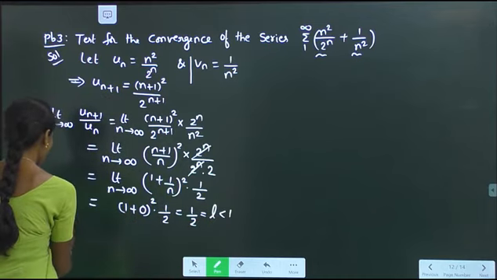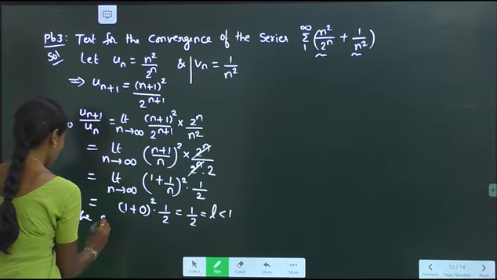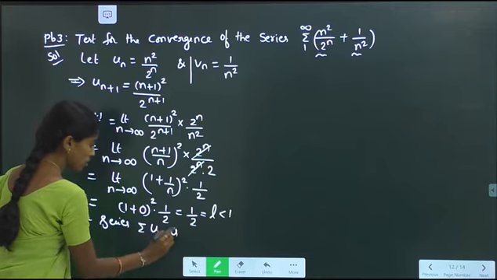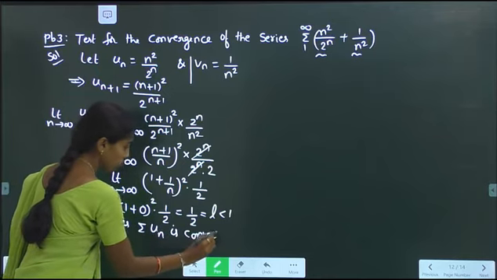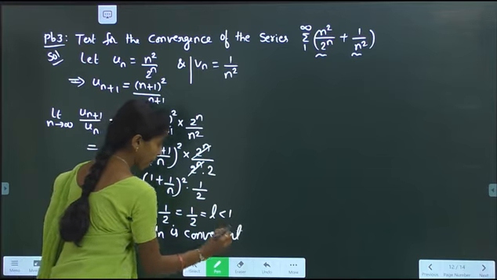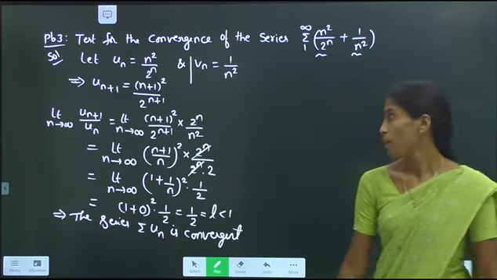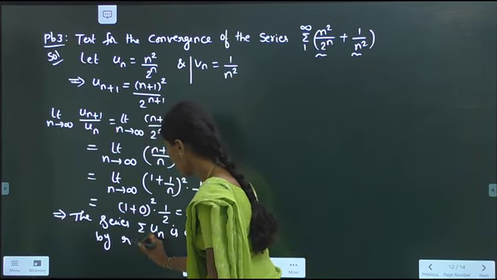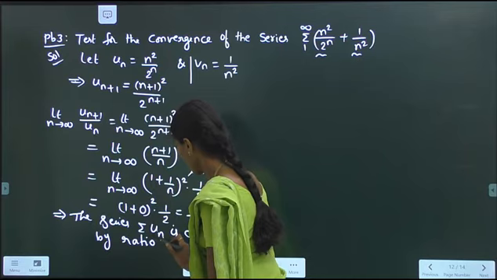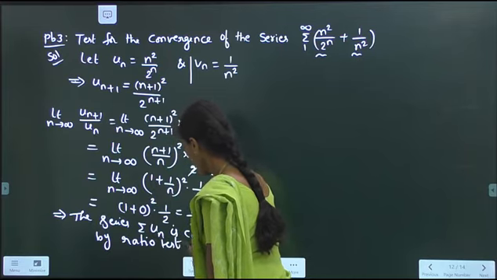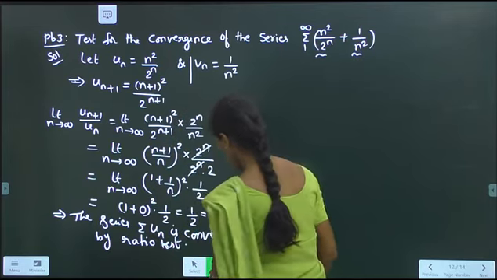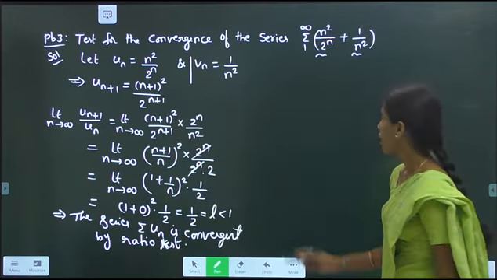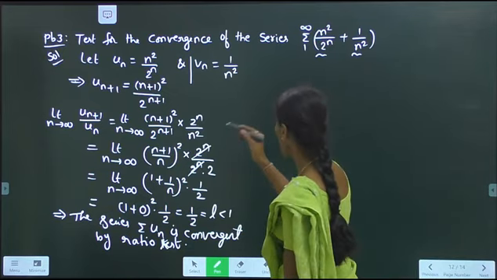So implies the series sigma un is convergent, right? By which test? By ratio test.